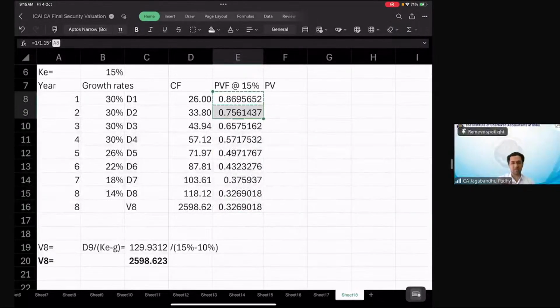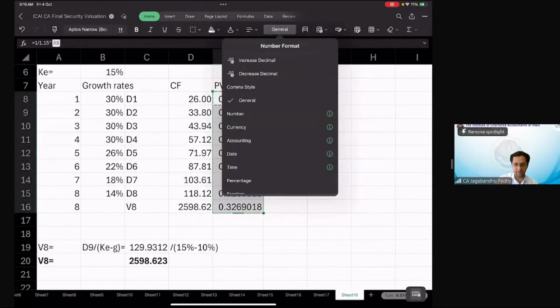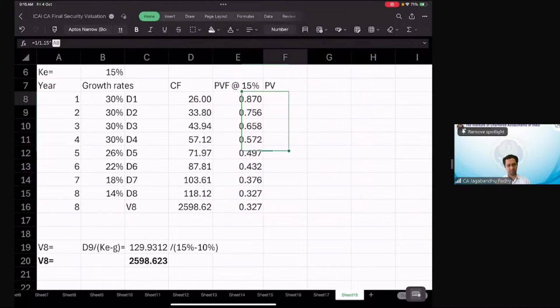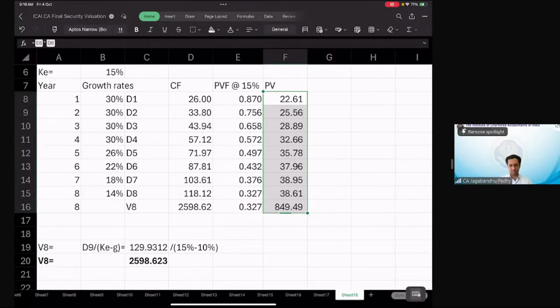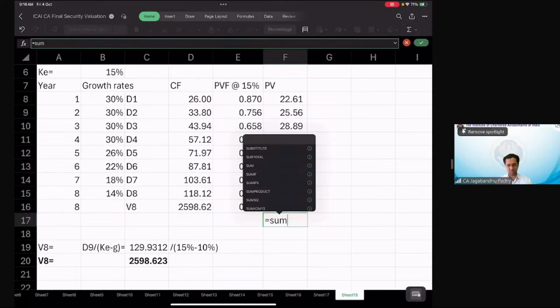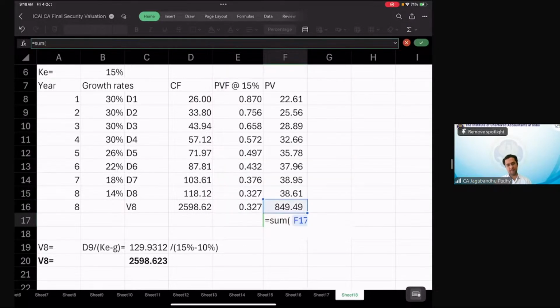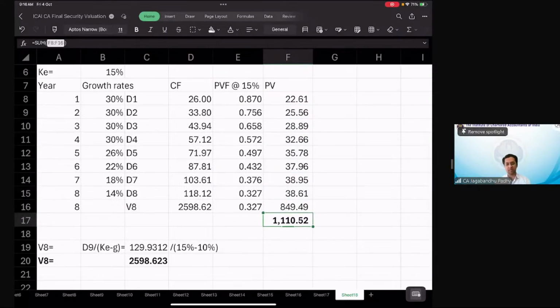These PV factors are multiplied with the cash flows. Sum total of all the values. So the value of the share will become 1110.52.